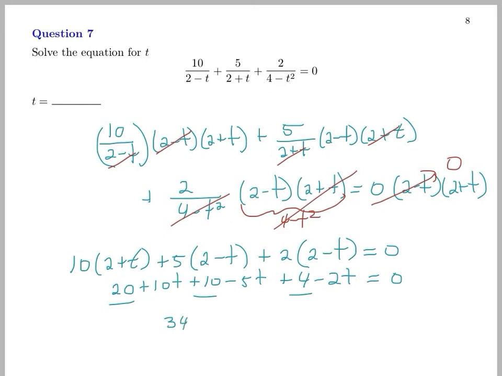And then 10t minus 5t minus 2t is 3t. That is 0. So that means 3t is minus 34. So t would be minus 34 over 3. And that's what I enter for my answer.